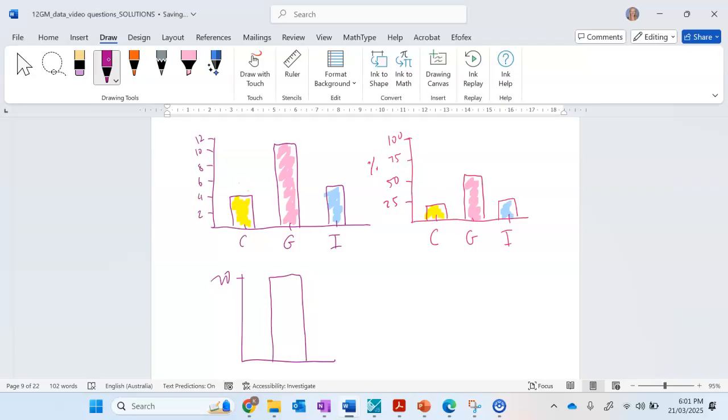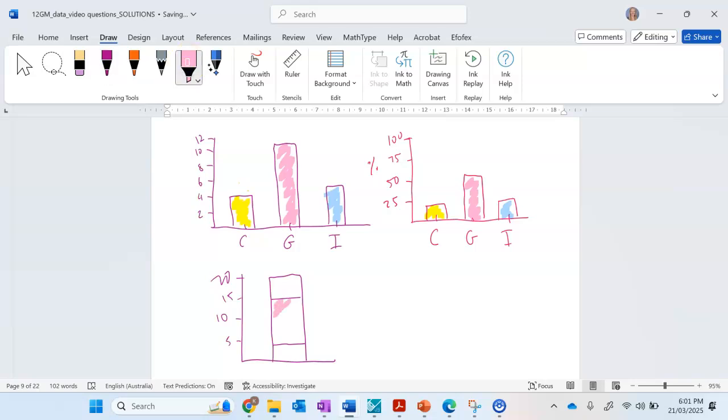All right, so we're still going to have our scale here. Let's just do it like this. So our yellow, remember, is going up to 4, so it's going to go up to about there. Then for government, that was 11. So we're going to add 11 onto here. So 11 plus 4 is 15. And then remember, independent is 5, so it's there.